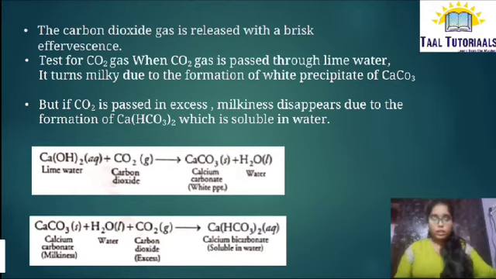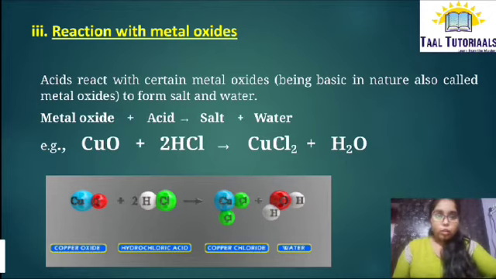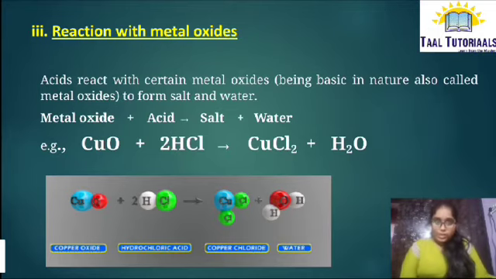Okay. Next. Now, reaction with metal oxides. Okay, how will acids react with metal oxides? Acids react with certain metal oxides to form salt and water. See, these metal oxides are basic in nature.